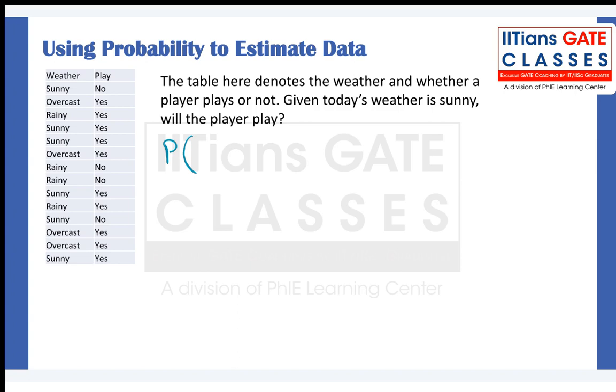So given that today's weather is sunny, will the player play or not? Let's assume I calculate this and I get a value, let's say again 0.2. Can I say that the player will play?